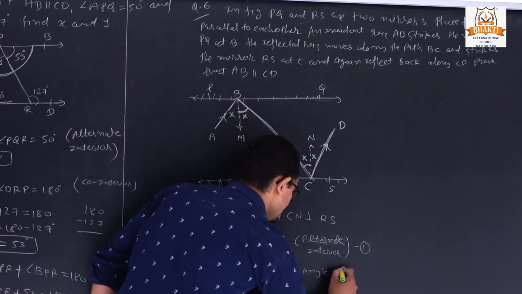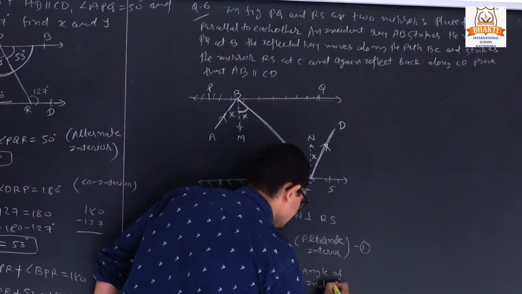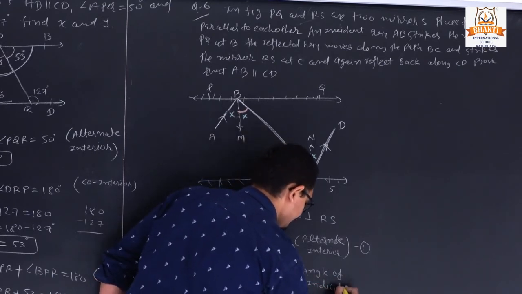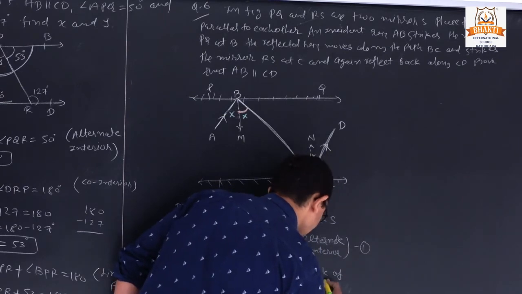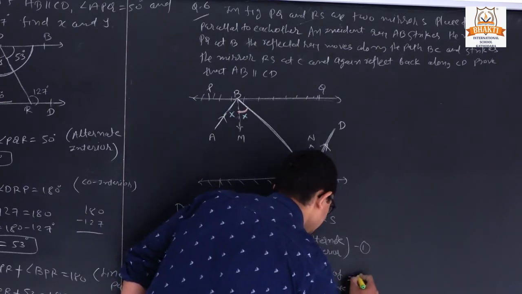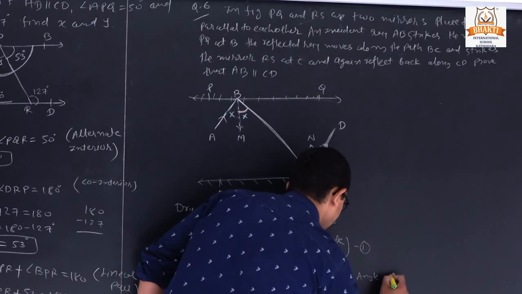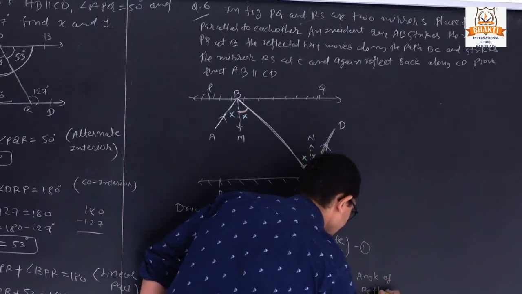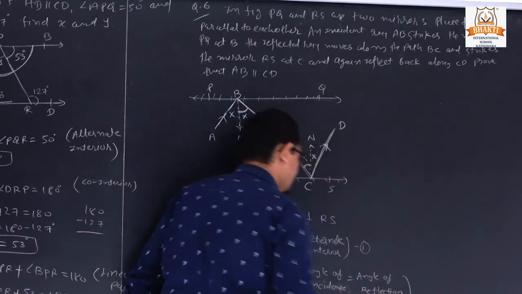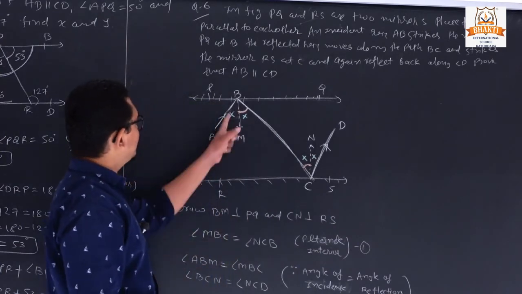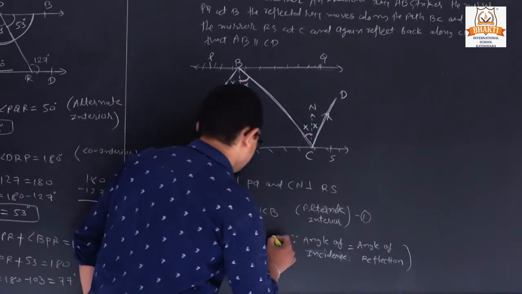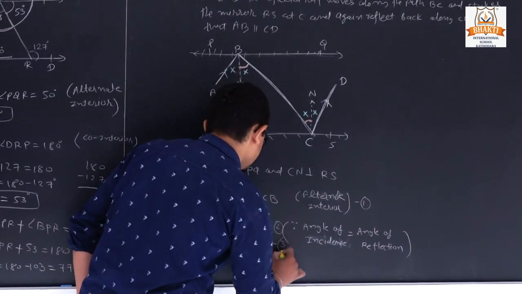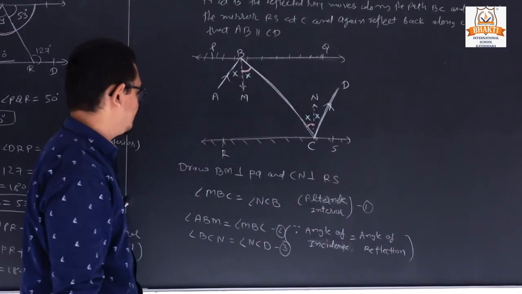Angle of incidence is equal to angle of reflection. Clear? Angle of incidence is equal to angle of reflection. We can declare it is the second and third result.